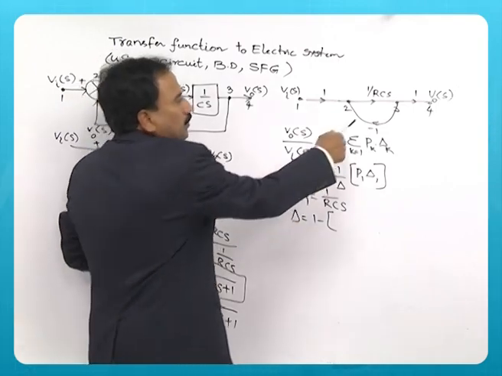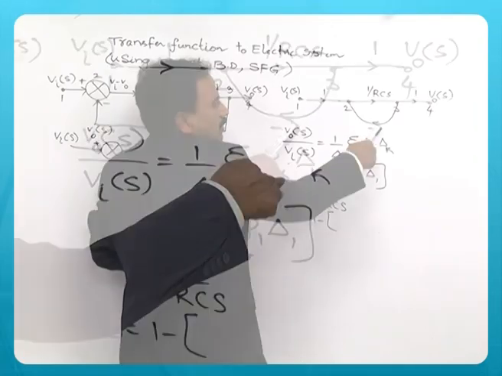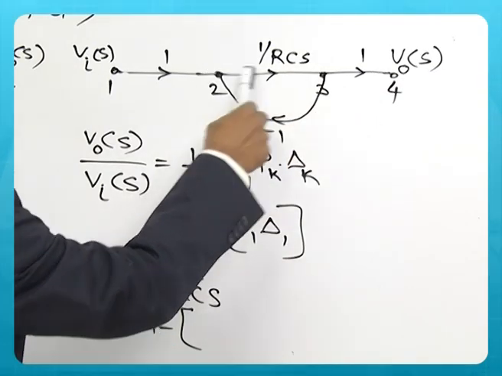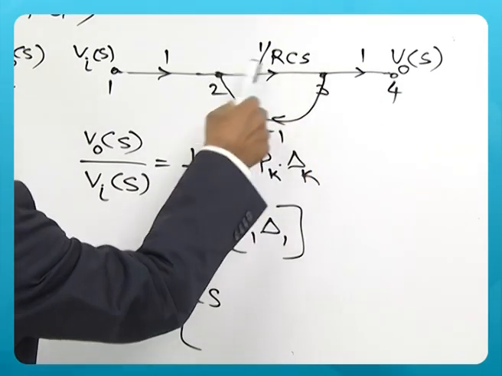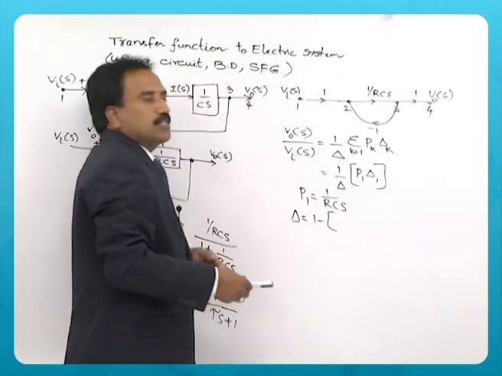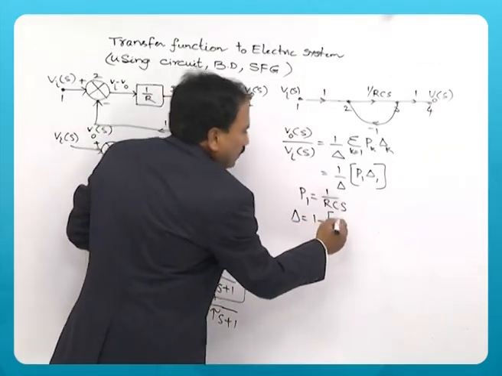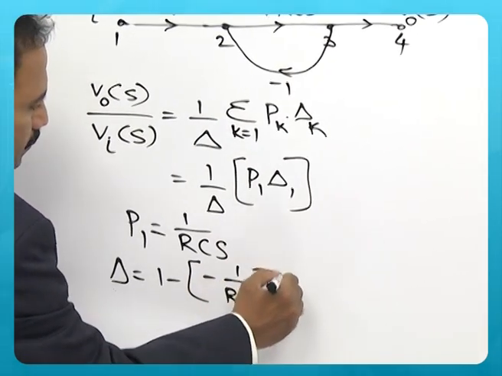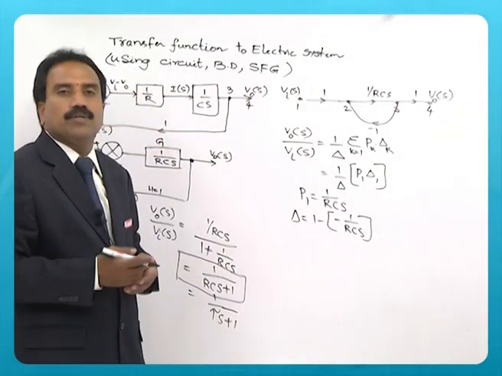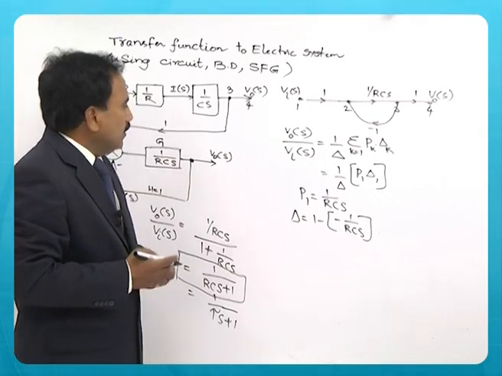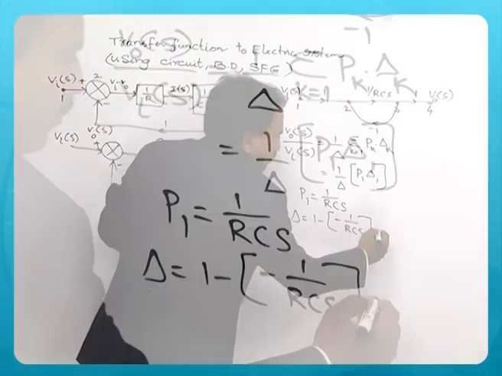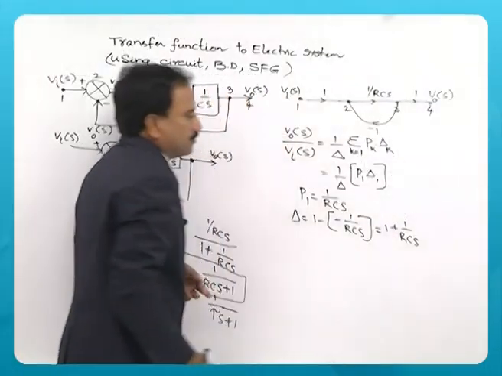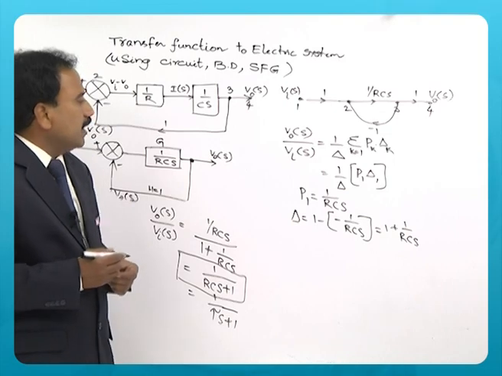You can see the direction of the path, that this is a loop. So what is the gain of this particular loop? It is 1 by RCS into -1, so minus 1 by RCS. There is only one loop that exists. Now this can be written as 1 plus 1 by RCS.